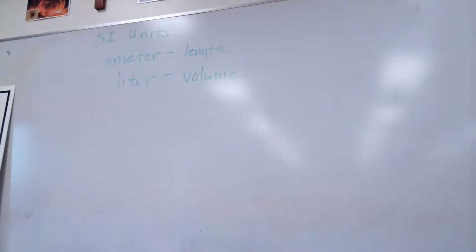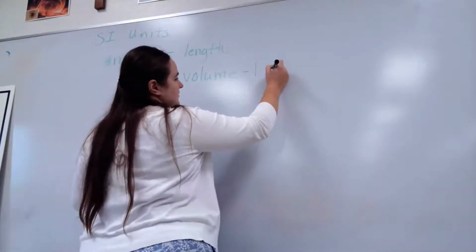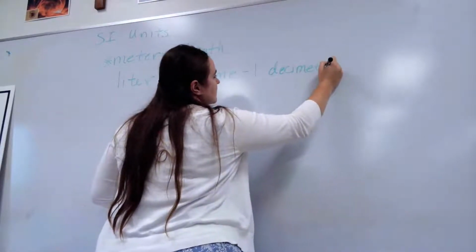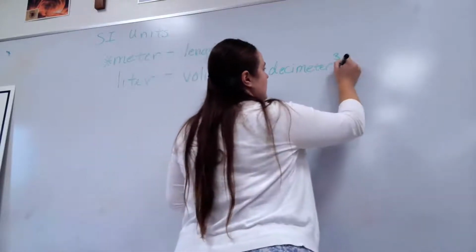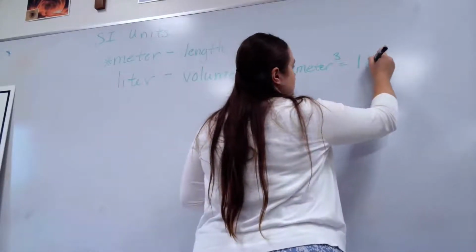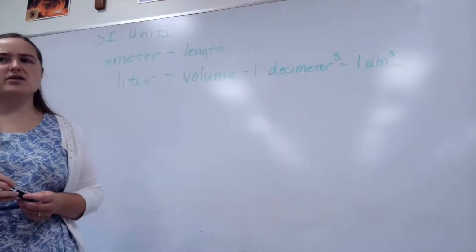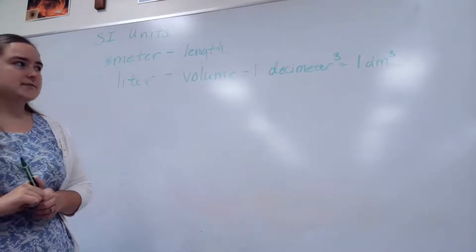Okay, so our derived units are going to be units that we can write a different way. So this is 1 decimeter. One decimeter cubed, we could write this as 1 dm cubed. Decimeter is not a super common unit.